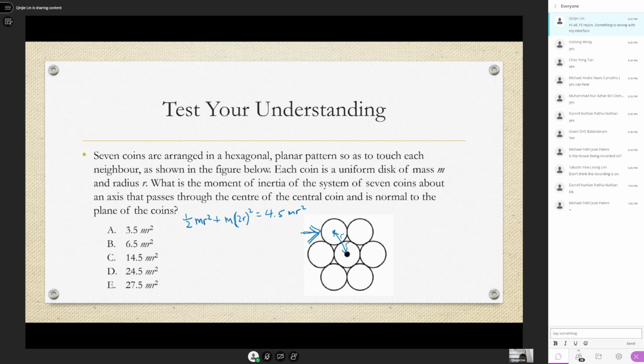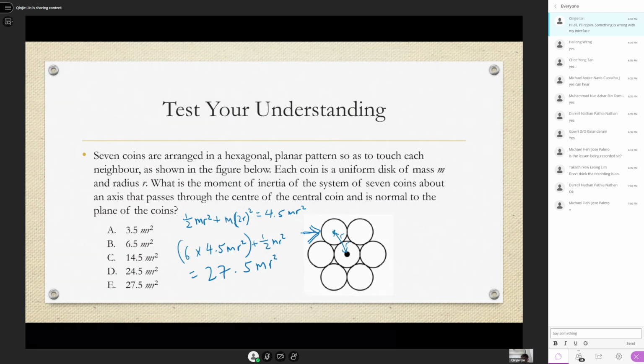So that's for one coin, but you have 6 coins, right? So for the final answer, you need to do 6 multiply 4.5 mr square. That's accounting for all 6 at the sides. Then don't forget there's one more at the middle. It's passing through the center of mass, so that is just a half mr square. So the answer for this, you will get 27.5 mr square.